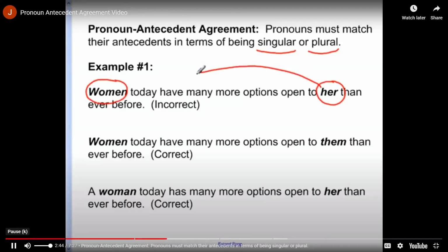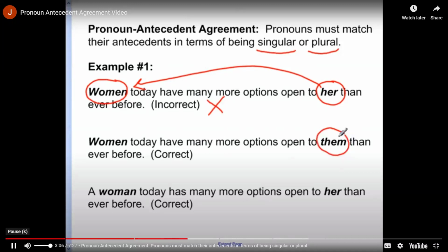Her is referring back to women. And we have a problem here because her is singular and women is plural. So they don't match. So let's fix this sentence. Women today have many more options open to them than ever before.